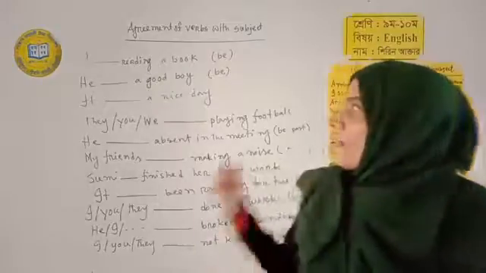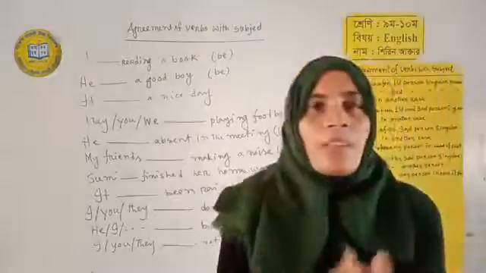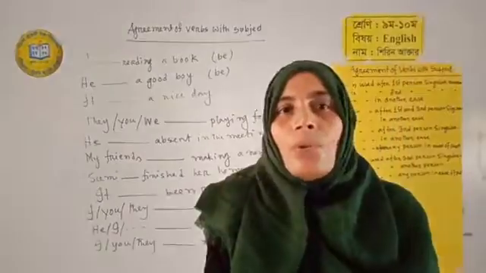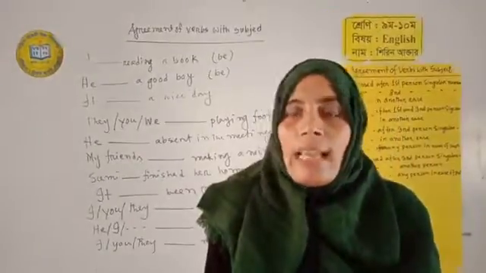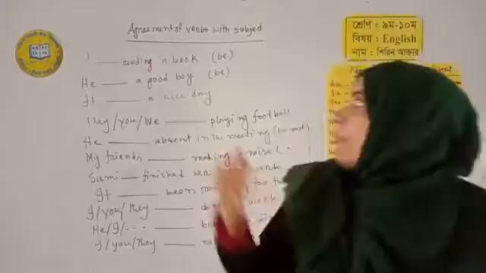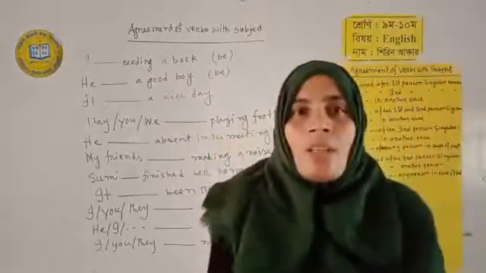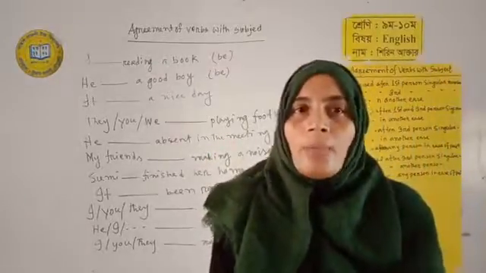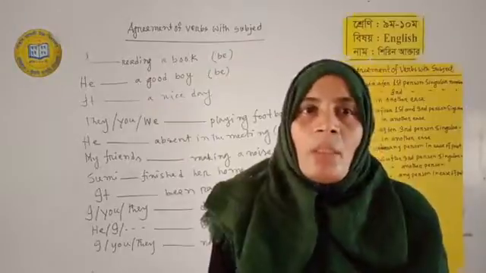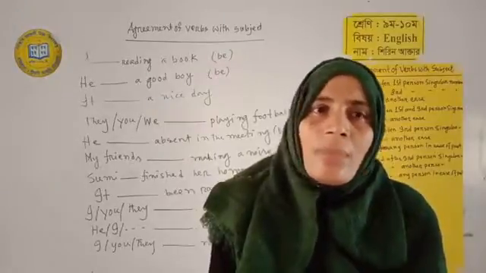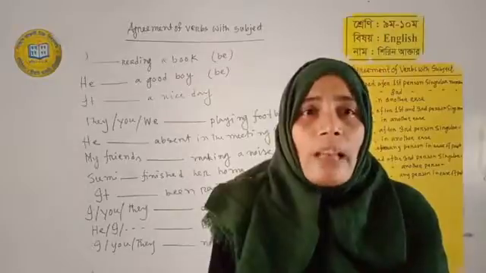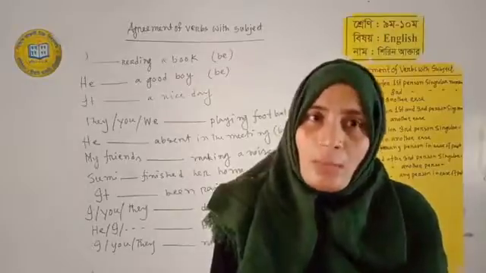Dear learners, at first let's know what is agreement of verbs with subject. Agreement of verb with subject means verb is used according to the number and person of the subject.